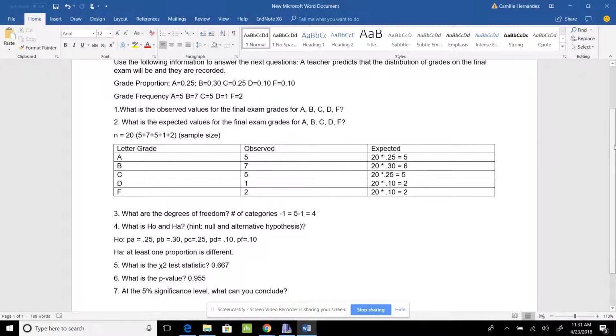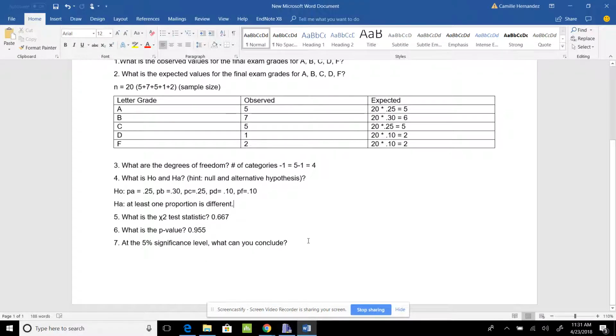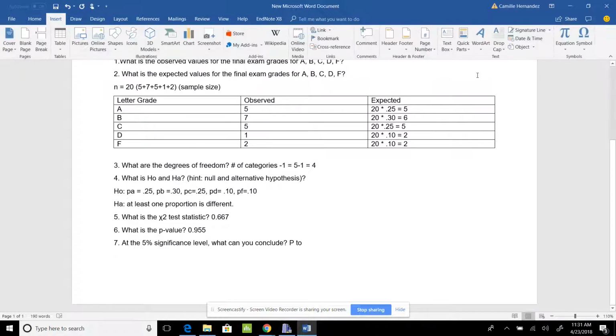I got my chi-square test statistic and I got my p-value. So what would I conclude? All right, first step, I need to compare p to the level of significance, and I'm going to use the little symbols so you know what I'm using, just to get comfortable with the symbols. All right, so p is 0.955, which is greater than 0.05, so I fail to reject the null hypothesis.